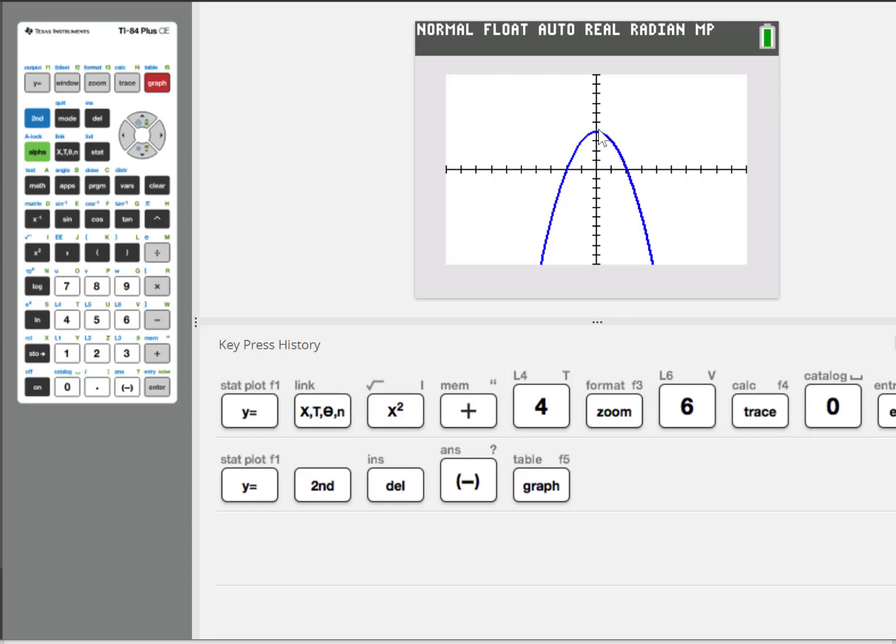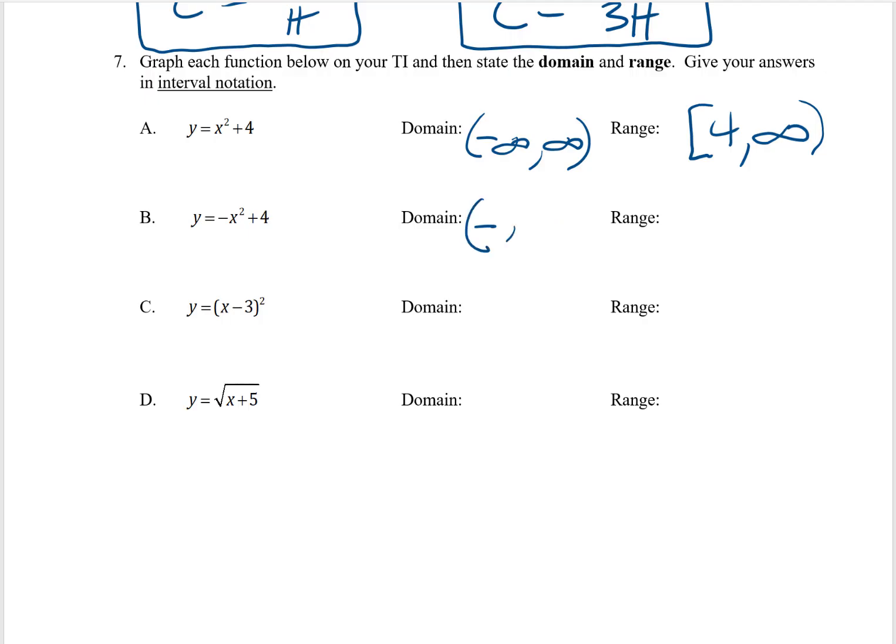So now the range is everything from negative infinity up to 4. So domain still negative infinity to infinity, and we said the range starts at negative infinity. It goes down forever, but the highest y value on the picture is at 4 there, and you can tell again from the picture that 4 is included, so I would have the bracket.